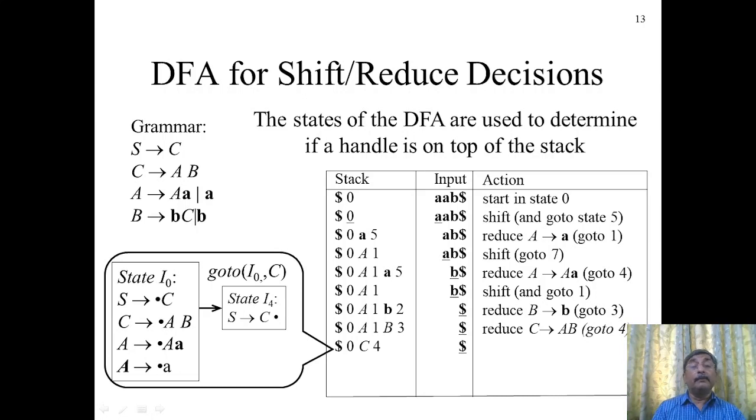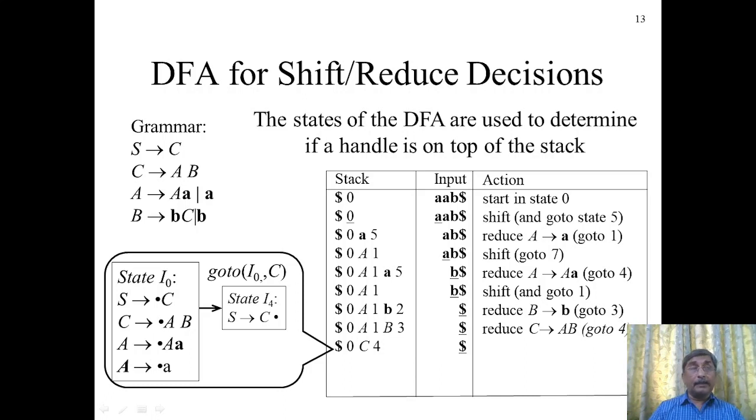Yes, it is very good that we can actually make a transition from I0 to some state using the symbol capital C. The moment we do that, I see that I come to state number 4. So 4 is my current state, and dollar is at the input.